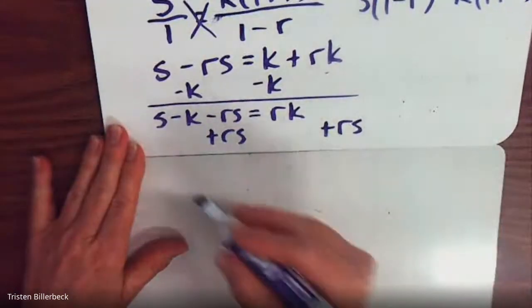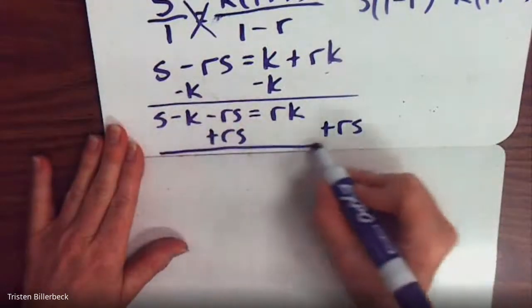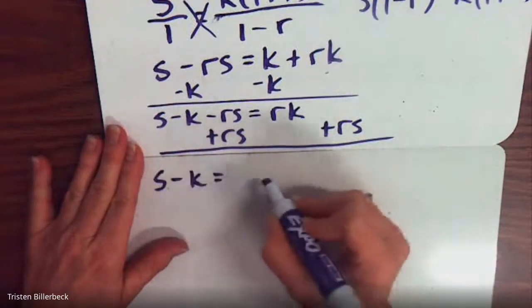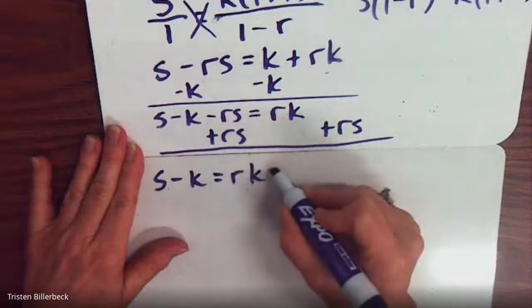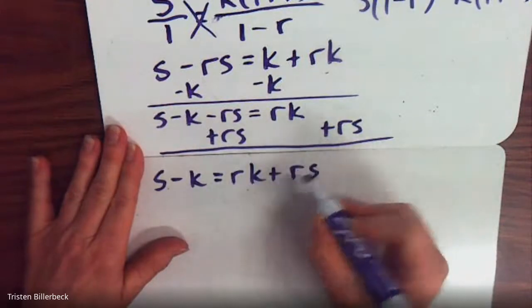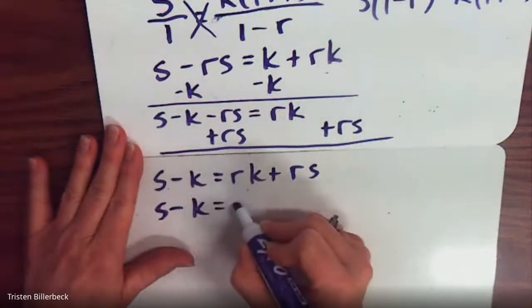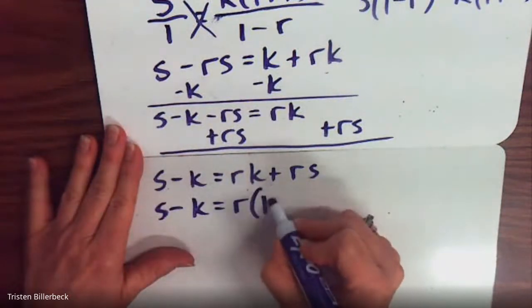Okay, so once we've done all that, we get S minus K equals RK plus RS. They both have an R, so we can factor that out. So we have R times (K plus S).